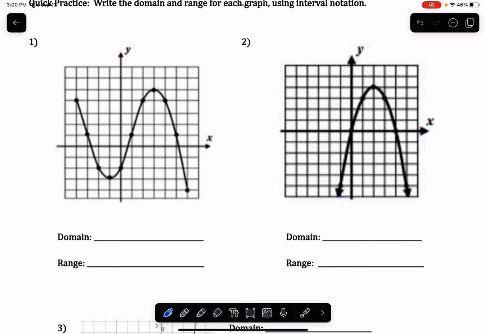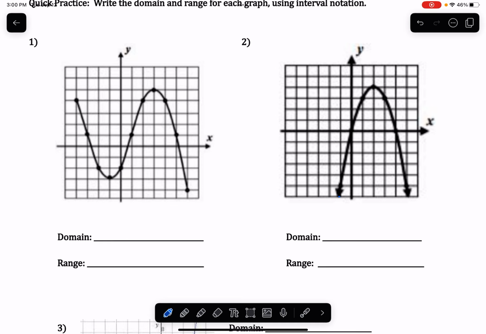There are no x values that aren't covered. So literally, our whole domain is all real numbers. And we can actually say, hey, our domain is all real numbers.